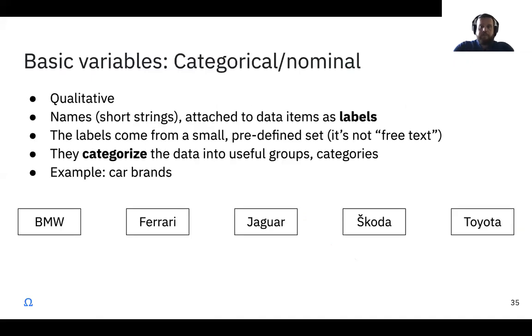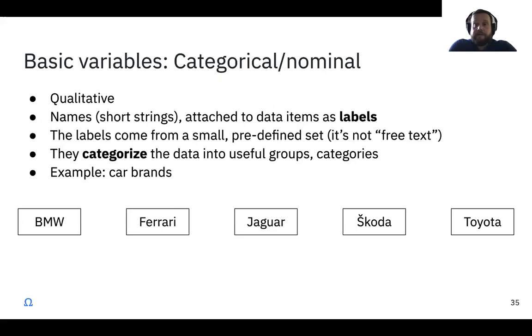One of the basic types is the categorical or nominal variable. Those are qualitative variables. They are simply names, which from the programmatic or DB point of view are short strings that are attached to data items as labels.